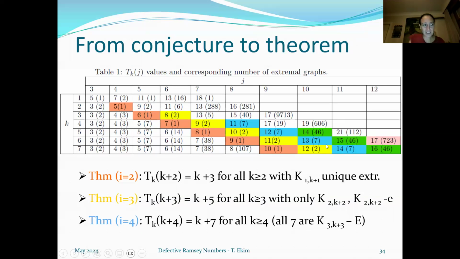I have never seen such a regular pattern in Ramsey numbers. And actually, it's not very hard to show that there are exactly 7, even theoretically, because they are all obtained from a complete bipartite graph, removing some edges, like the previous one. Okay, these are all the theorems that we could obtain, but you see the green diagonal here, 46, again the same number all the time. This is extremely surprising.